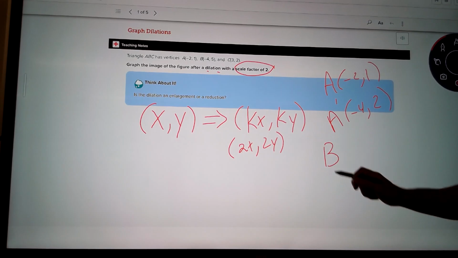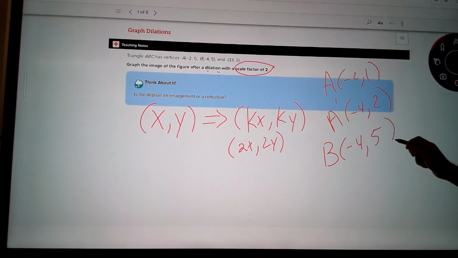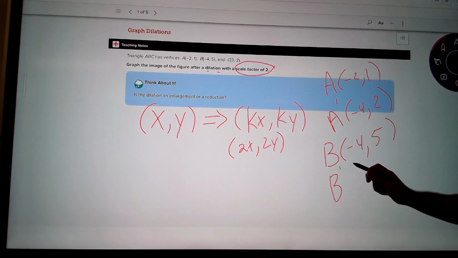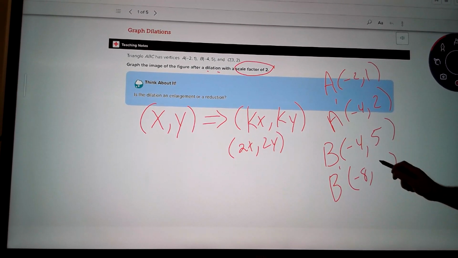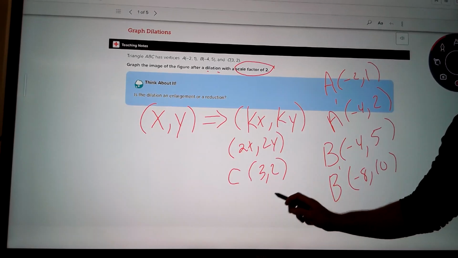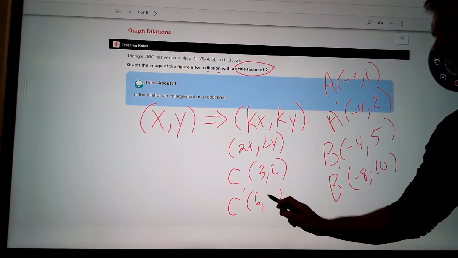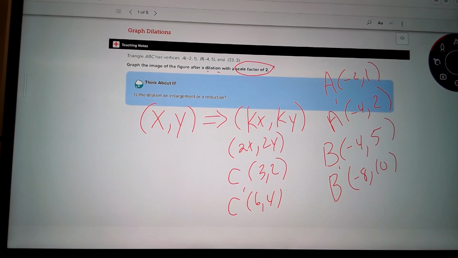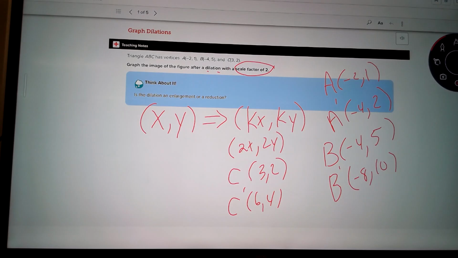My B original was at -4, 5, so B prime would become -8, 10. And then my C original is 3, 2, so my C prime would become 6, 4. And then you would plot those points. Everything doubled in size. Scale factor of 2.